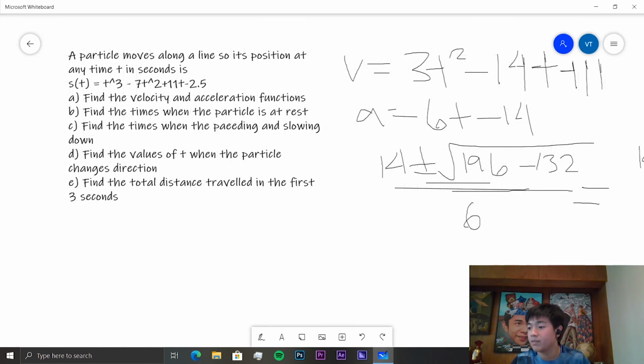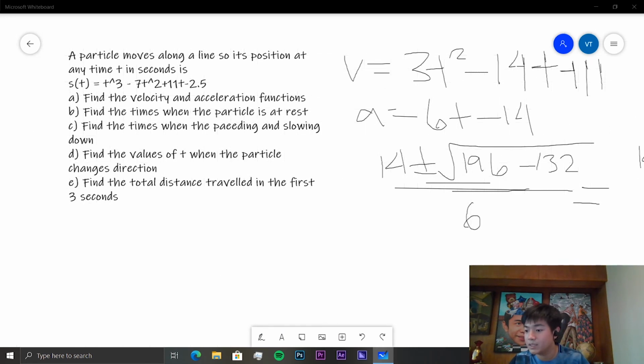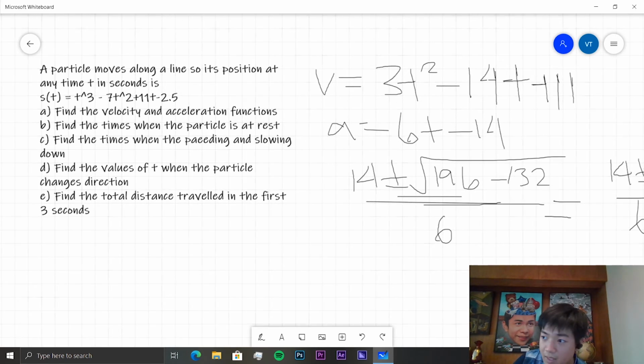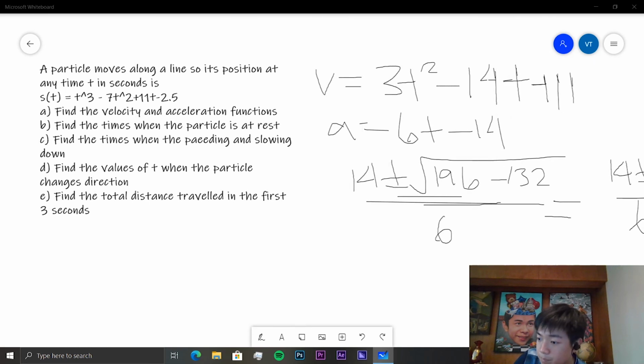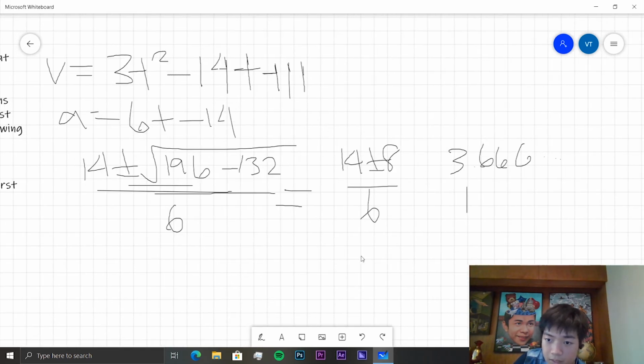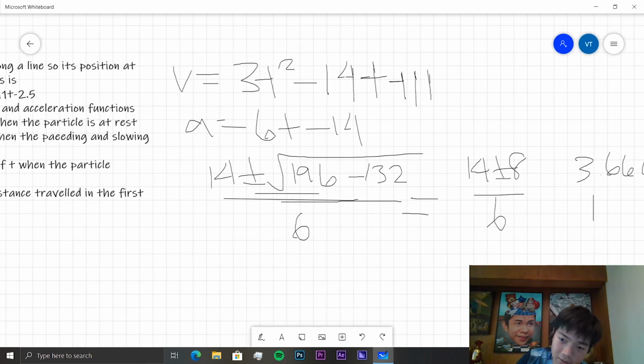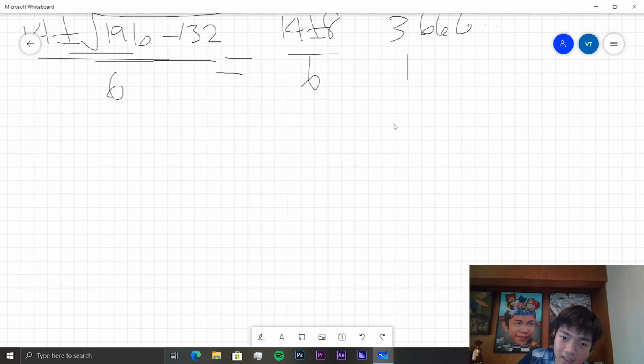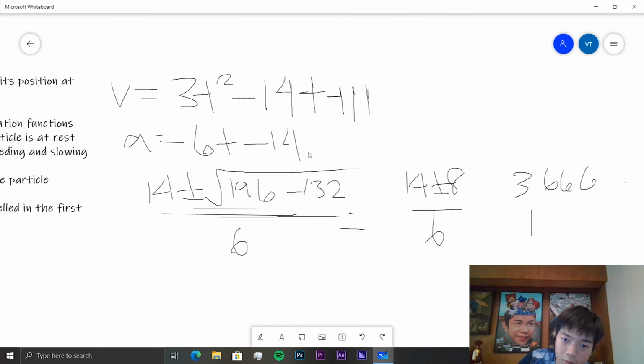Find the times when the particle is speeding up and slowing down. So the particle is speeding up, well, it's going to be in between these two boundaries, really. So let's look at the acceleration.